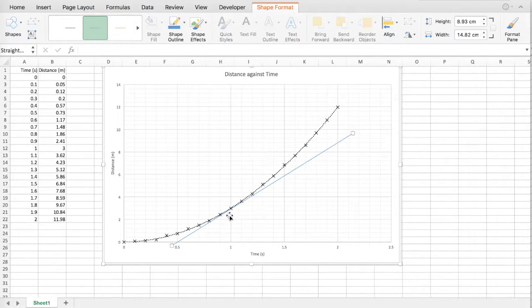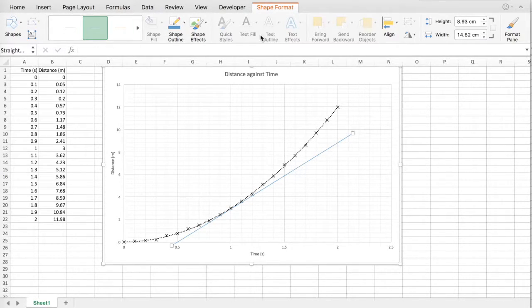Now with a quick estimate, I can see my curve seems to be fairly consistent on either side. And so this blue line is a reasonable estimate of a tangent and therefore a reasonable estimate of the speed at t equals 1.0 seconds. It may be out by a few percent and it doesn't really matter.